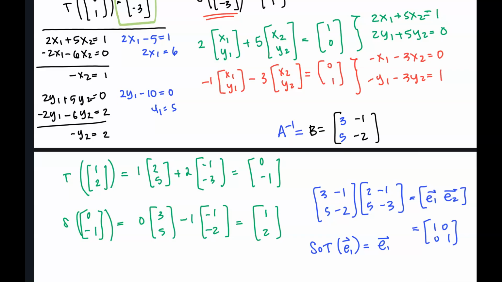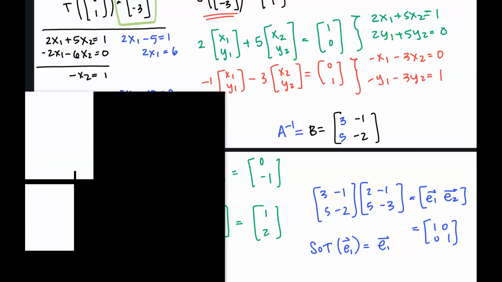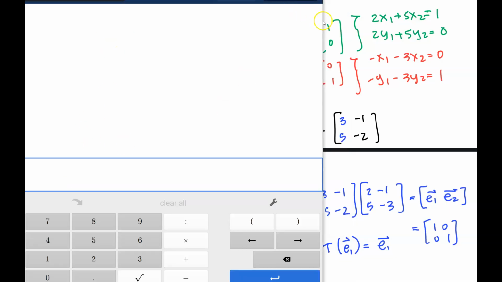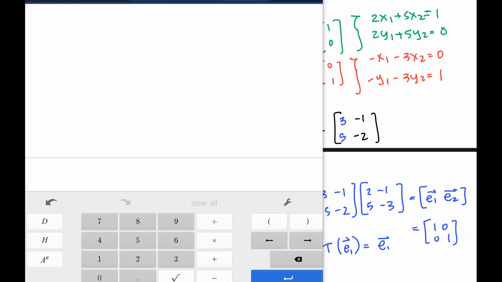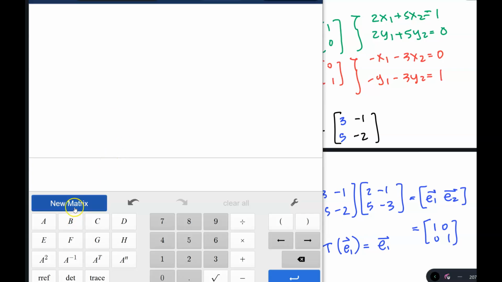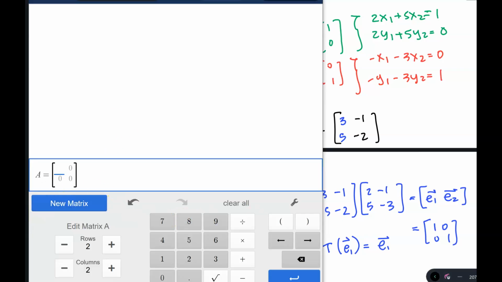So let me clear. Bring over the Desmos matrix calculator so we can just have it do the matrix multiplication and test some other things. Come on, we can get smaller. There we go. Let's define our matrix A. That was our 2, 5, -1, -3.